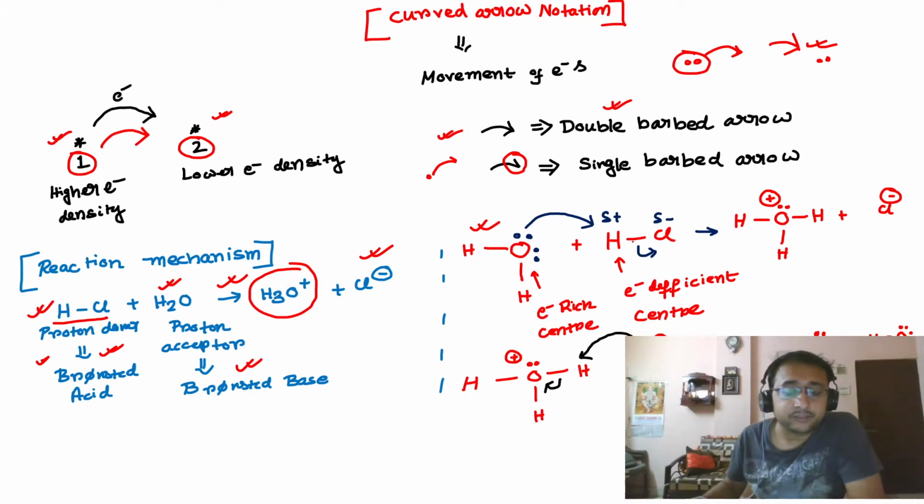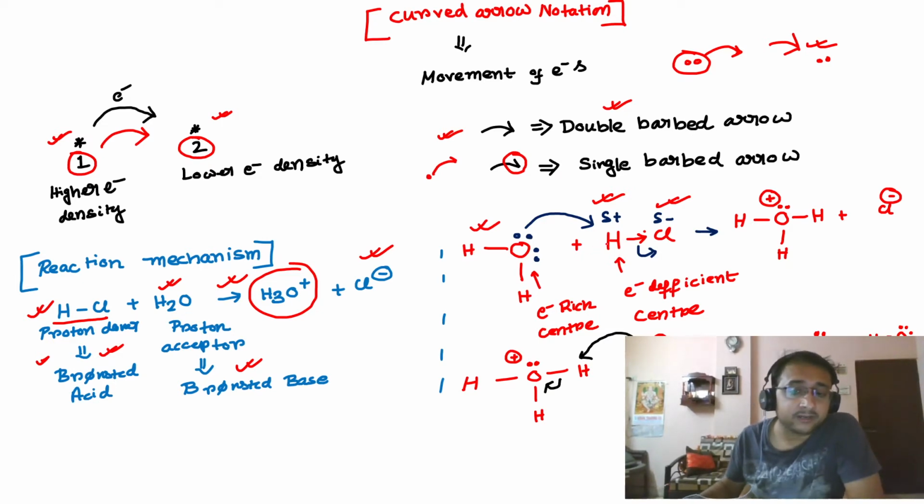On the other hand, in hydrochloric acid, we know that the chlorine atom is highly electronegative, so it will draw more electron density towards itself. That's why there will be a partial negative charge on the chlorine atom and a partial positive charge on the hydrogen atom. This type of effect is called the inductive effect. Due to that inductive effect, this hydrogen center will have some partial positive charge.